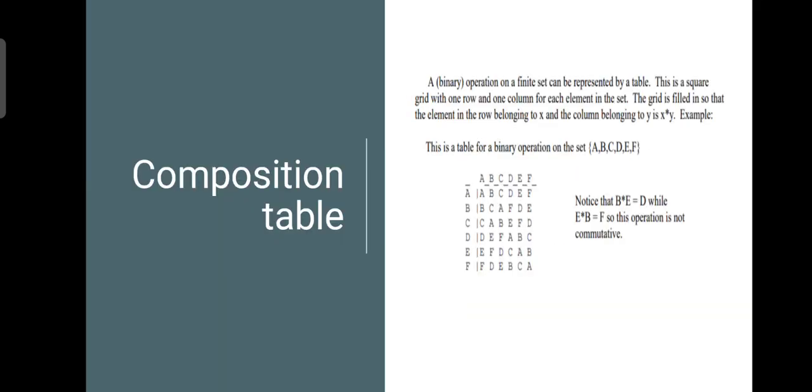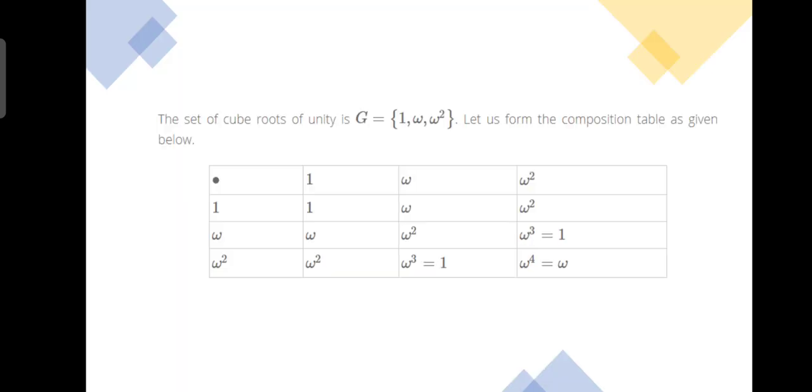Next is composition table. What is a composition table? In this, we take a finite set, and the representation of the binary operation in the form of a table is basically my composition table. For example, if we take the set of cube roots of unity, then it has three elements, so it is a finite set, and therefore we can make our composition table for this set. It has three elements: 1, omega, omega square.